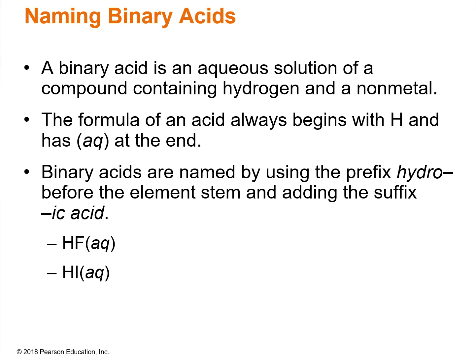So we're going to move forward to binary acids. As a reminder, your binary acid is going to be a hydrogen plus a nonmetal, and you're going to see that aqueous at the end.